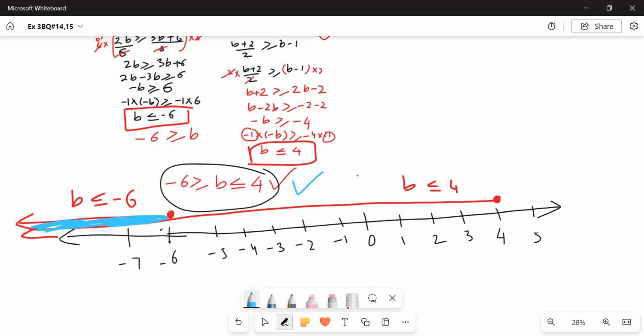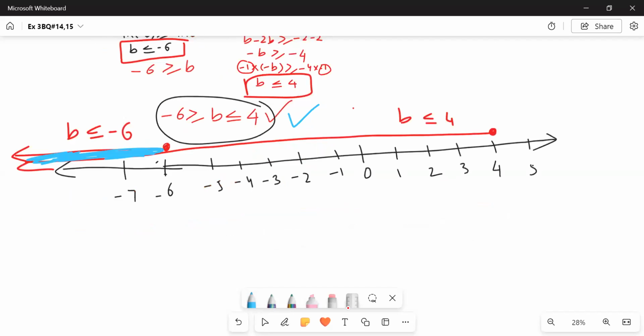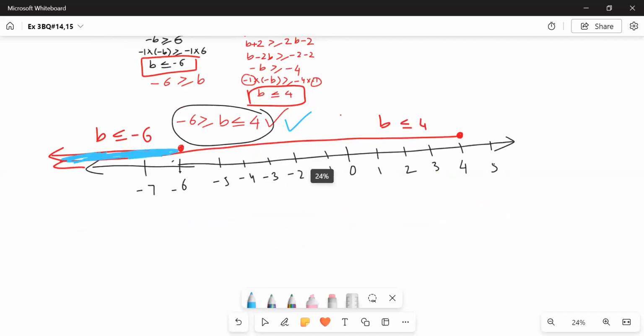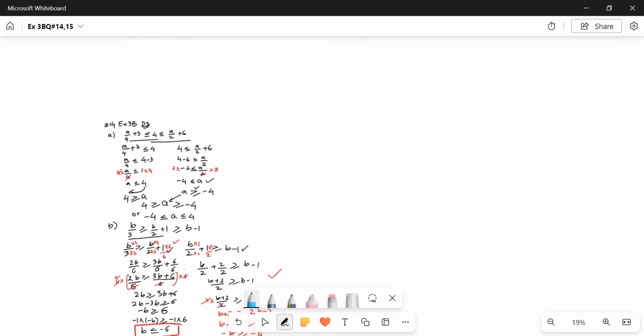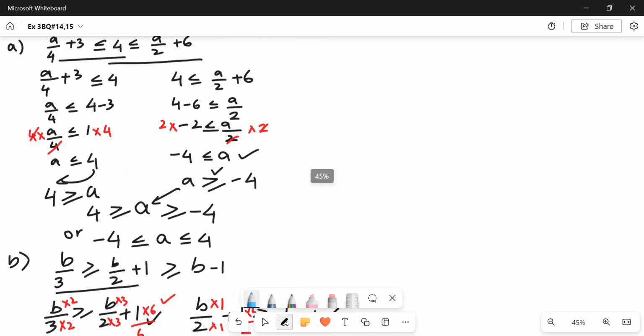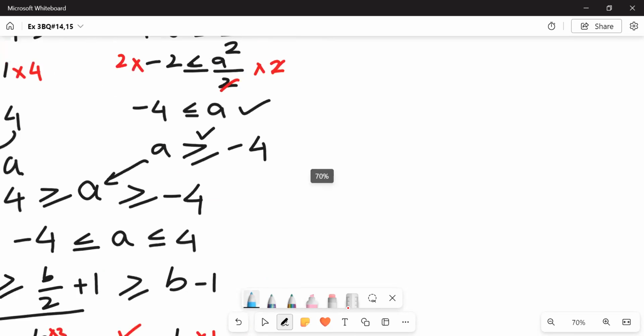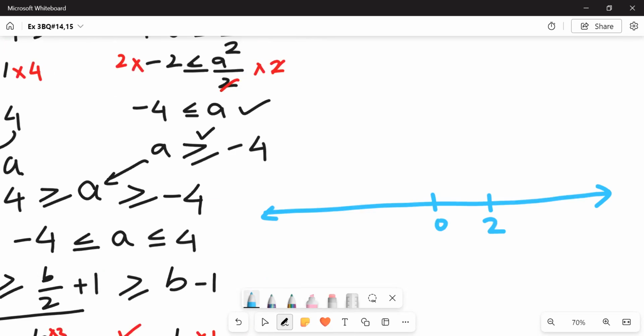Now its C part is, and if we draw this inequality, here according to this, it is 0. I will write 2 and 4, and here minus 2 and minus 4.